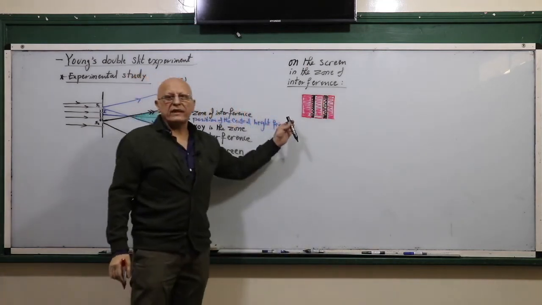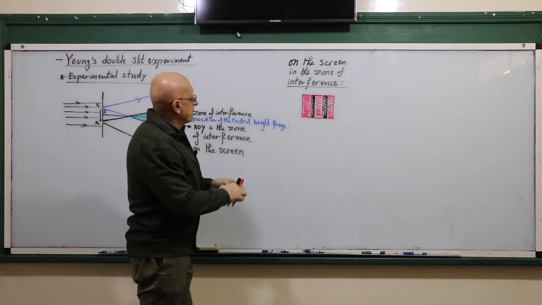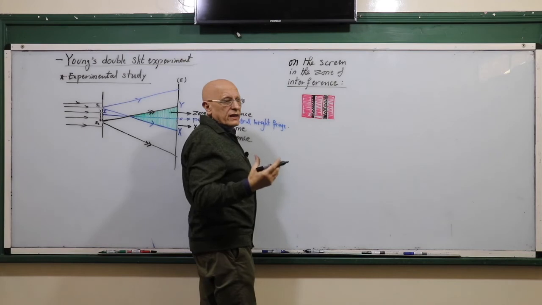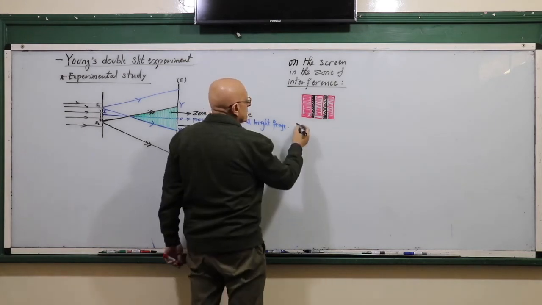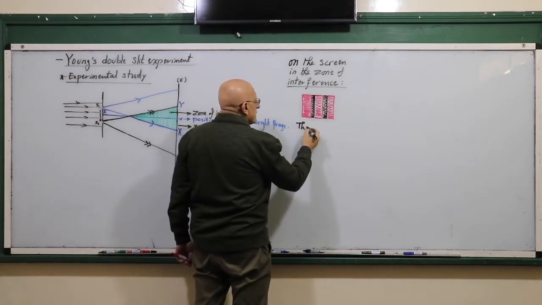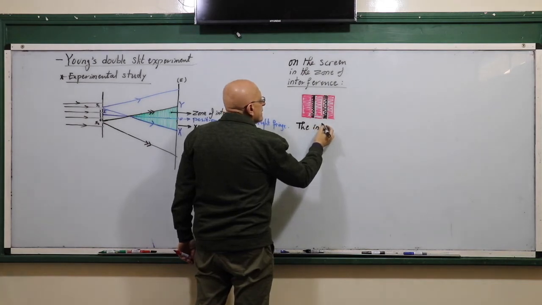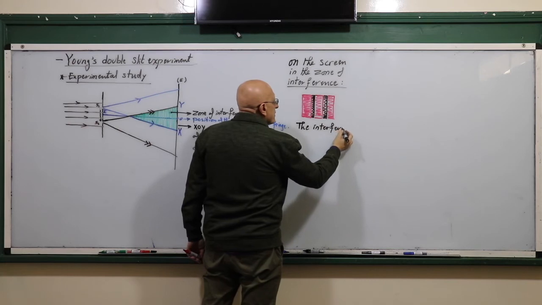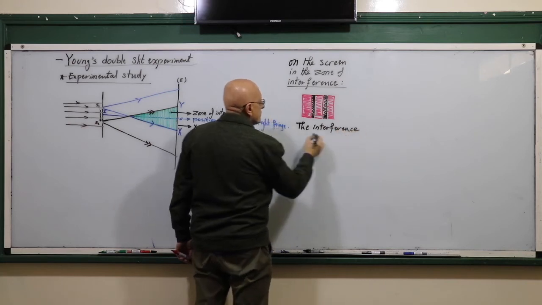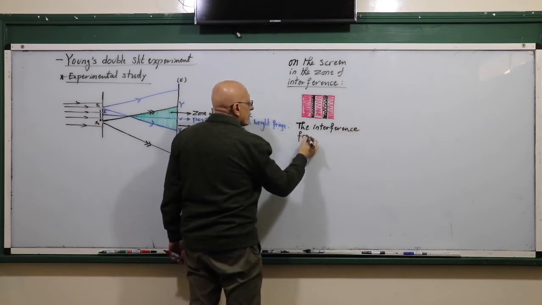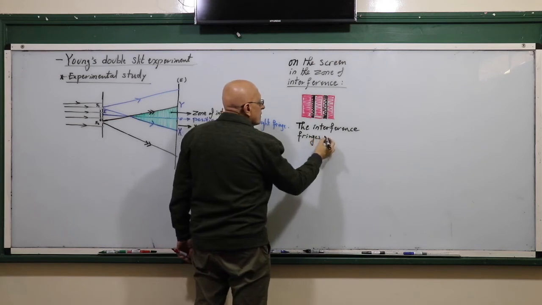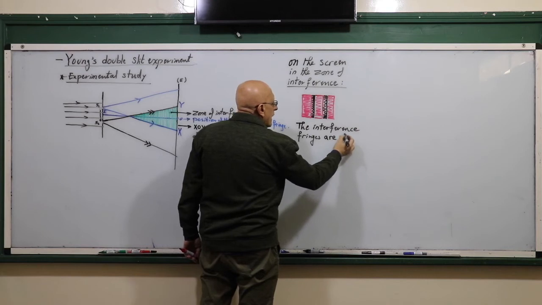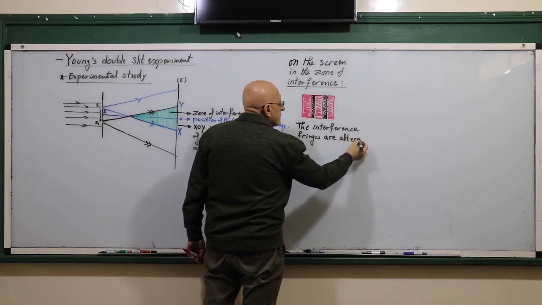Let's describe this, okay? So, interference fringes, what are their properties or characteristics? The interference fringes are alternating.